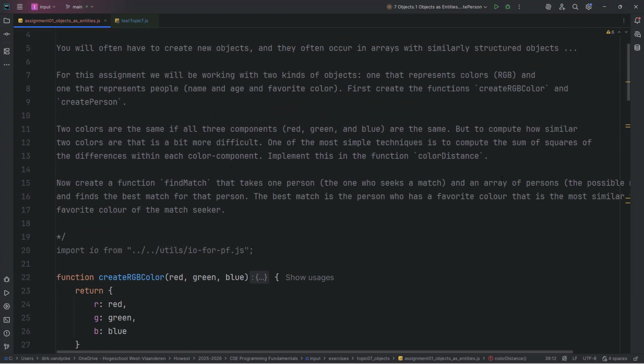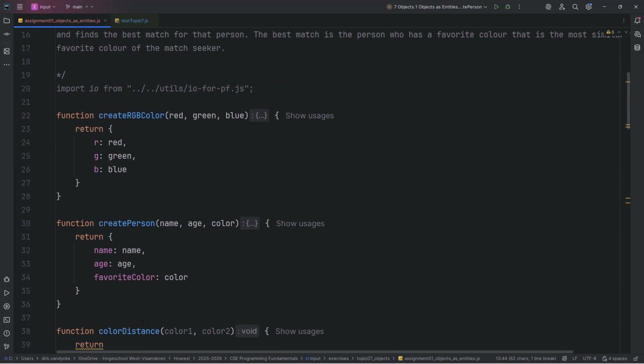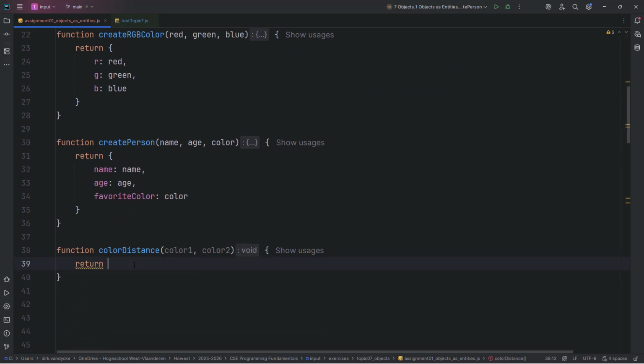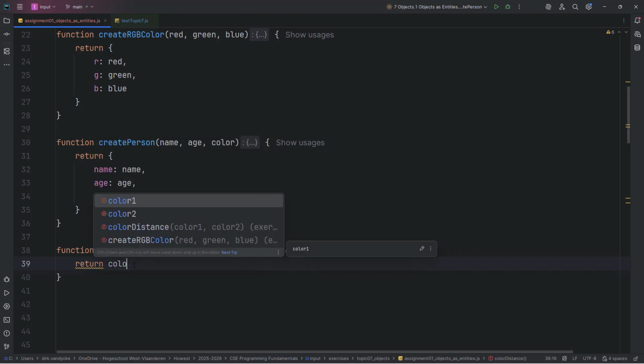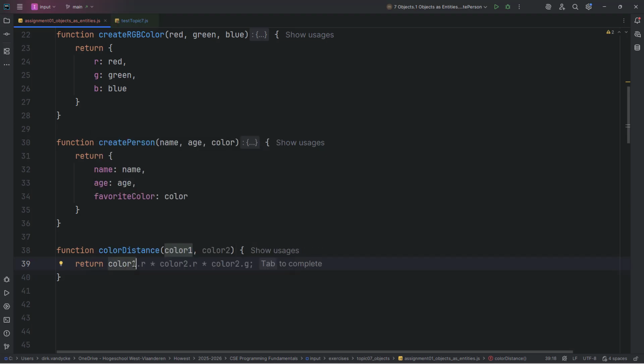the sum of squares of the differences within each color component. So I have three color components. In color 1, we have the R and in color 2, we're going to square the difference.